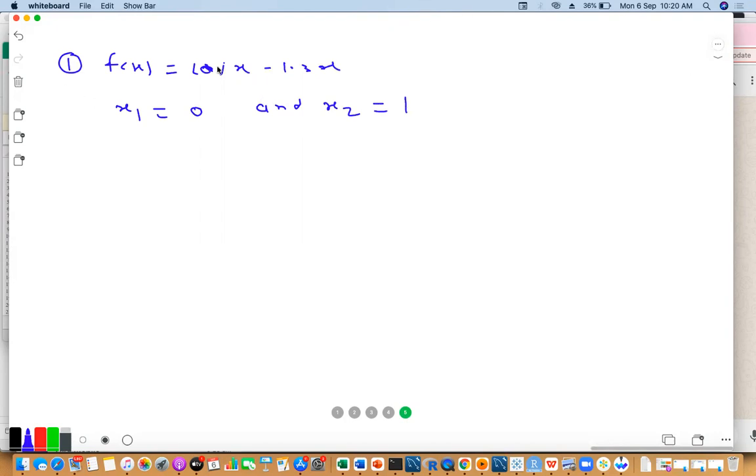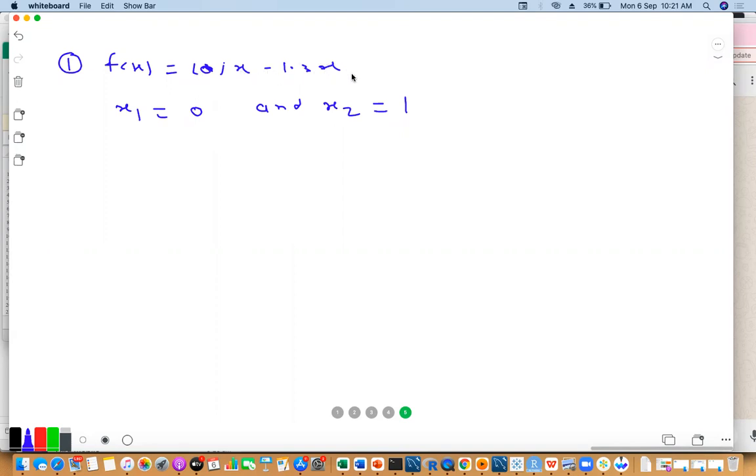You should remember one thing: whenever we have a trigonometric function, we have to put all the values in radians. We should not put the value of x in degrees, because here it is cos x minus 1.3x.